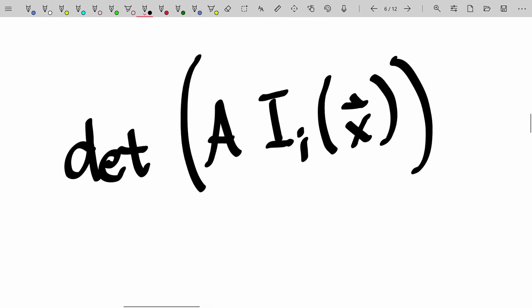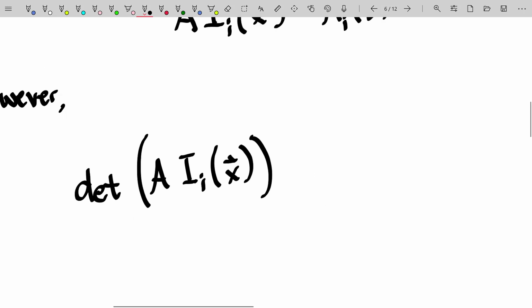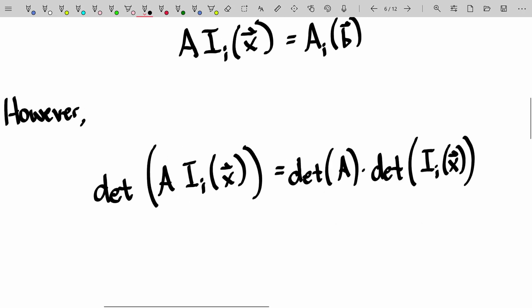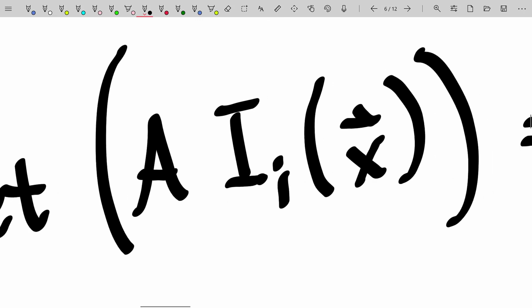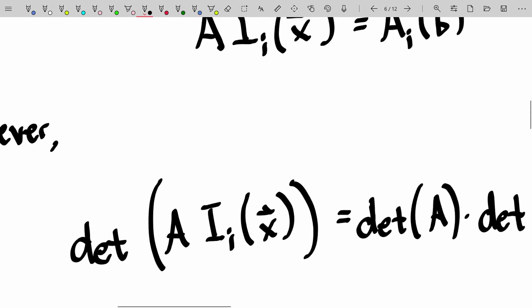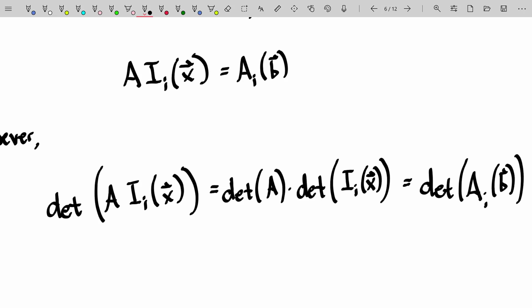Now, these are two matrices, and we have a property of determinants that says the determinant of a product is the product of determinants. But remember, A times this matrix I sub i of X is the same thing as A sub i of b. So this determinant product should be the same thing as the determinant of A sub i of the vector b. All these should be equal.